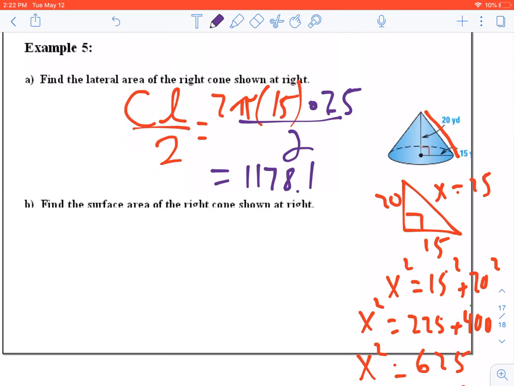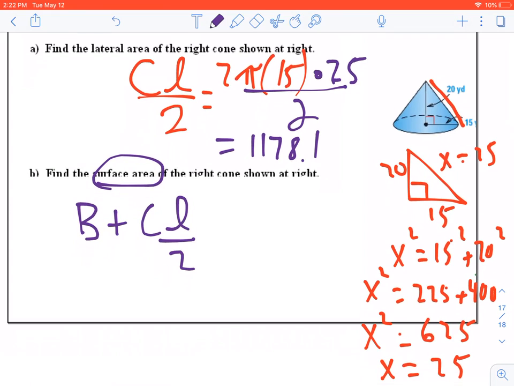Now, second one then wants you to find your surface area. Surface area, we now add that base in. Area of the base plus the circumference times slant height divided by 2. Well, that circumference times slant height divided by 2 we've already found, 1,178.1. We need the area of our base then. So it is pi times 15 squared.